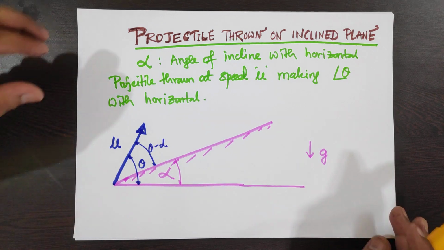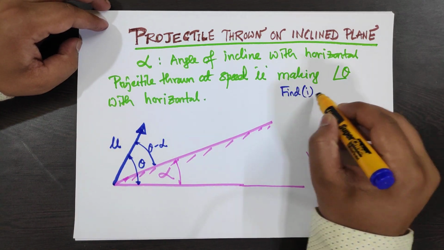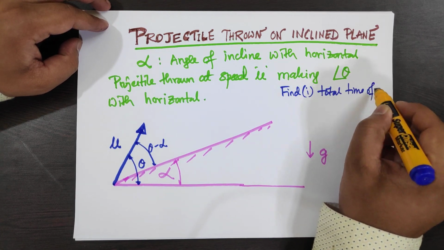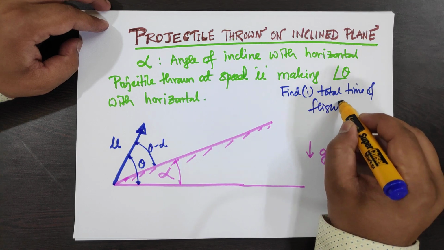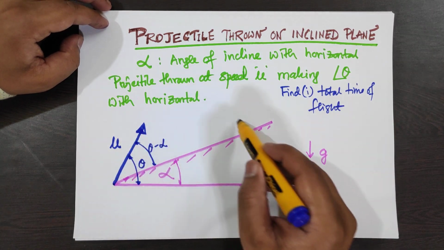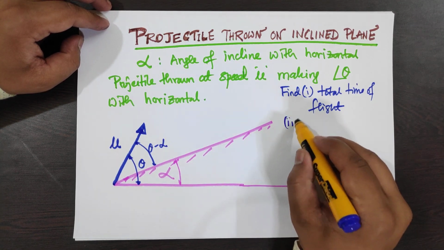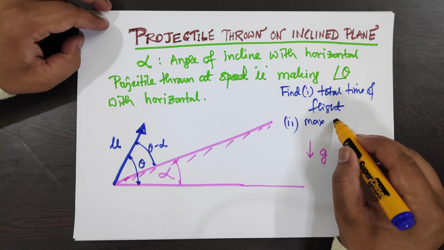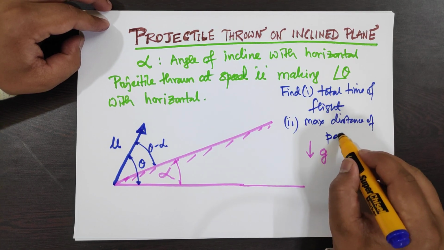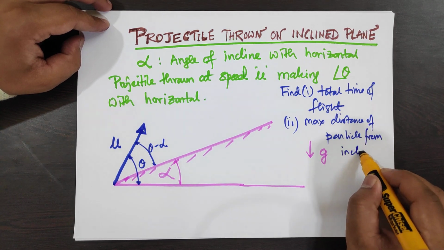However, we have to find the total time of flight, and total time of flight means it will hit the inclined surface obviously, and the maximum distance of the particle from the inclined surface.